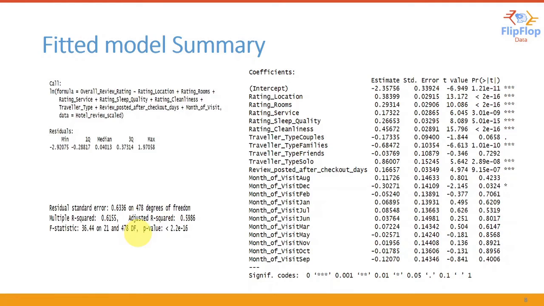Then coming to adjusted R square, which is 0.5986. In marketing context, it is good enough for cross-sectional data. So here we are using cross-sectional data. What is meant by cross-sectional data?